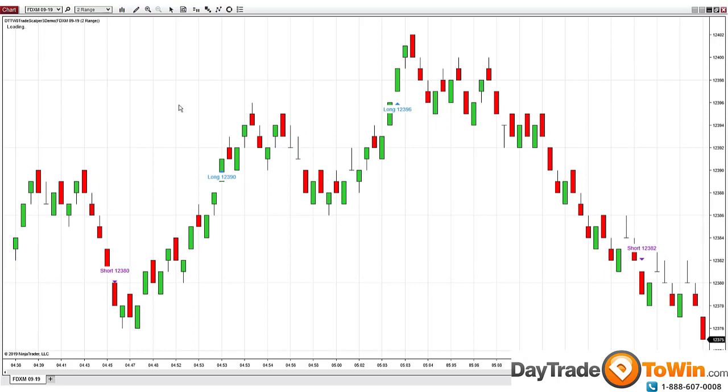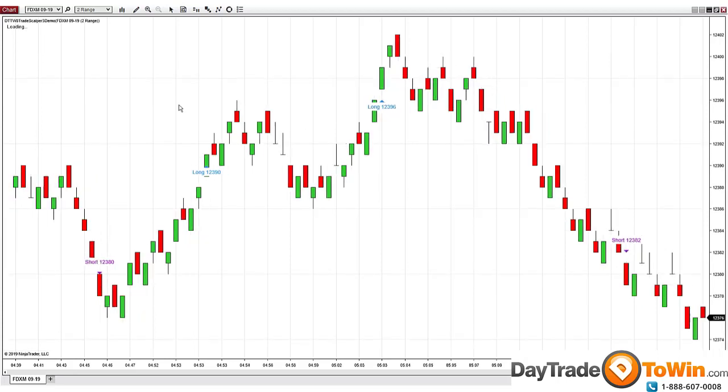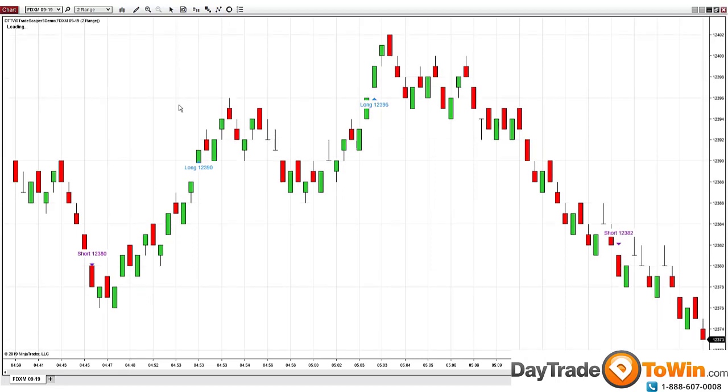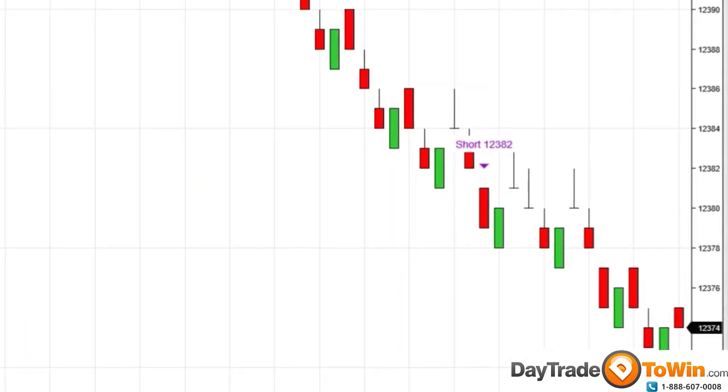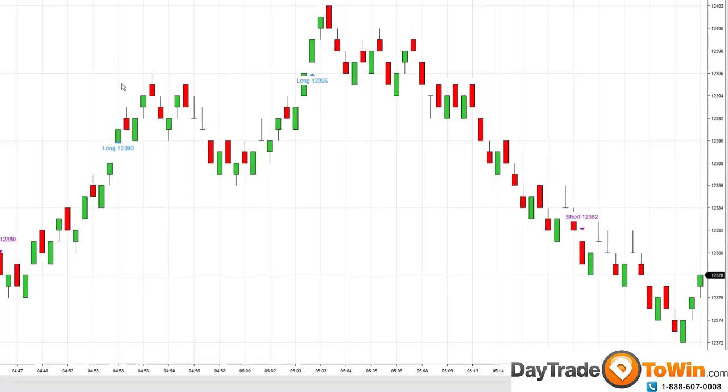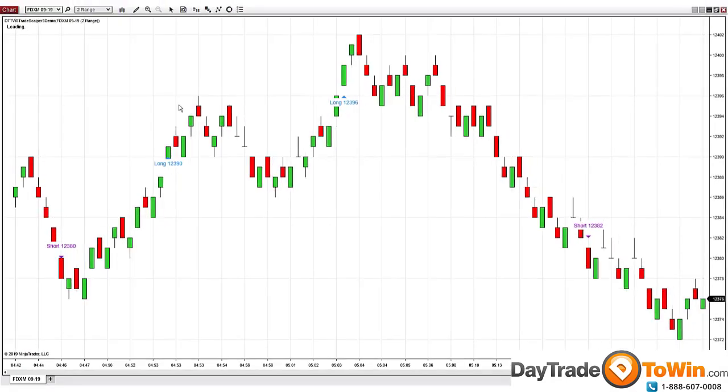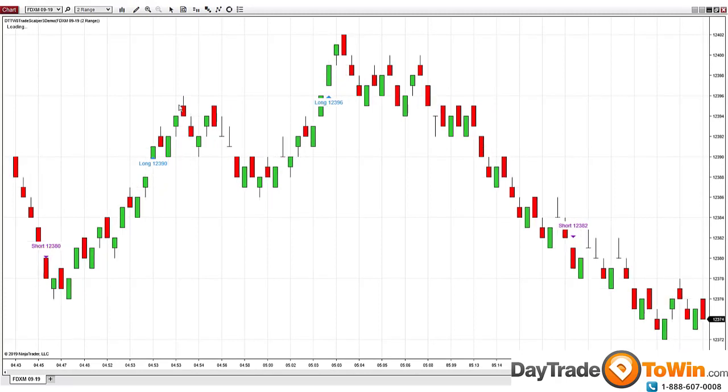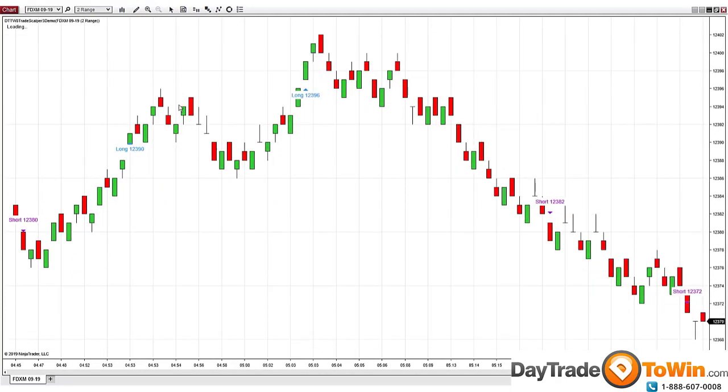So this here is the TradeScalper applied to a range chart. We have found the signals to be awesome on the range chart. So the first signal, short here, I will just leave the chart running and speed things up so you don't have to spend an hour watching this. Second trading signal, another short one.